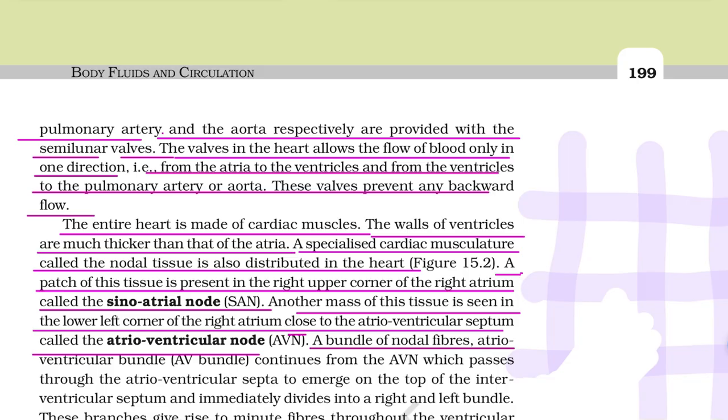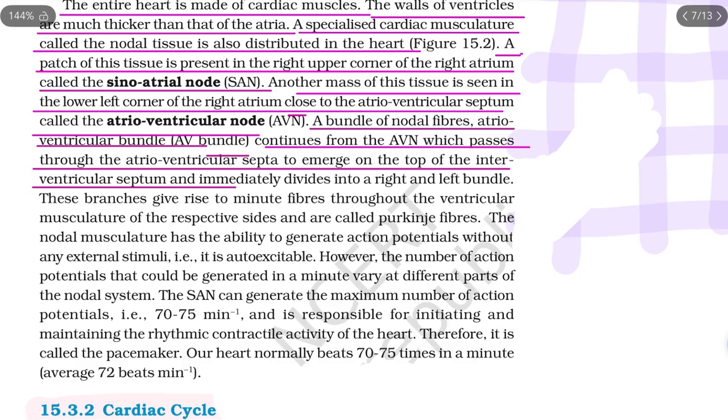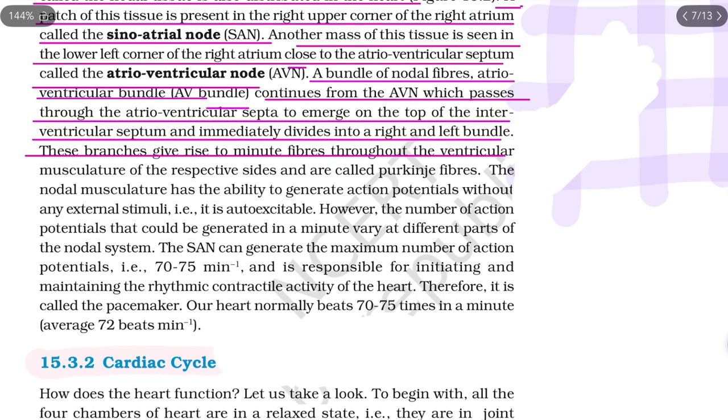A bundle of nodal fibers, the atrioventricular bundle (AV bundle), continues from the AVN, which passes through the atrioventricular septa to emerge on the top of the interventricular septum and immediately divides into a right and left bundle. These branches give rise to minute fibers throughout the ventricular musculature of the respective sides and are called Purkinje fibers.